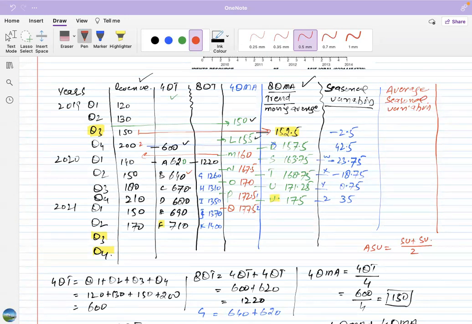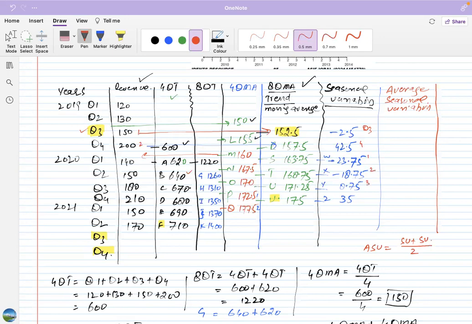For example, the examiner may ask us to calculate the average seasonal variation for quarter number 3. So we'll take all the values for quarter number 3. This is Q3 for us. We'll take another Q3. This is first, this is second, and this is 3.